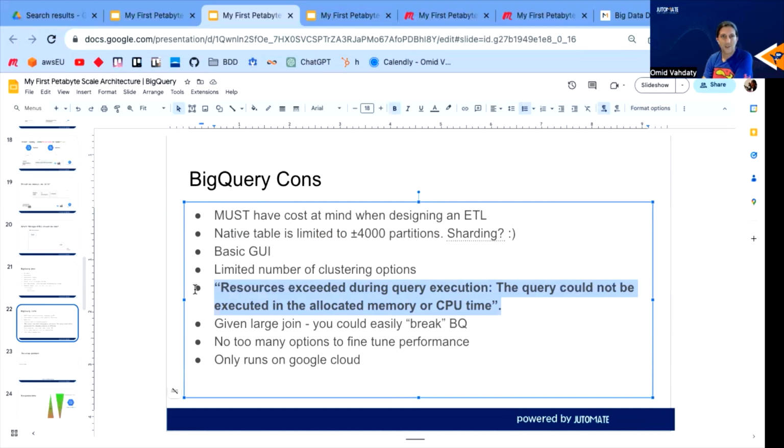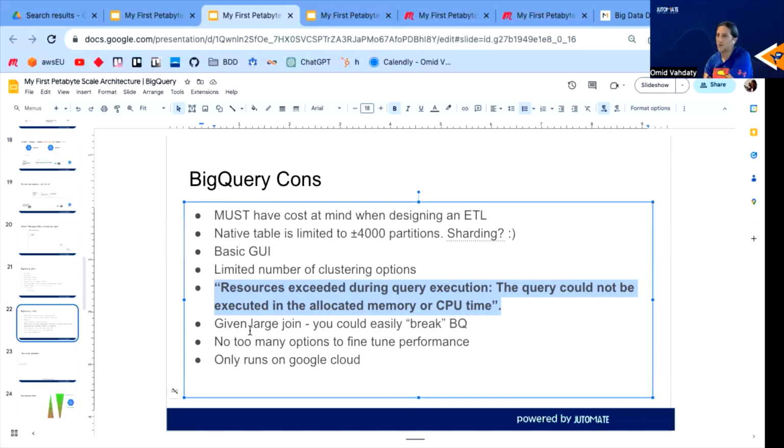That means essentially you run a query that uses too many resources in the background and it will not finish, simply because they are unwilling to finish processing this query. And there's virtually nothing you can do except rewriting your query and dividing that into smaller chunks.